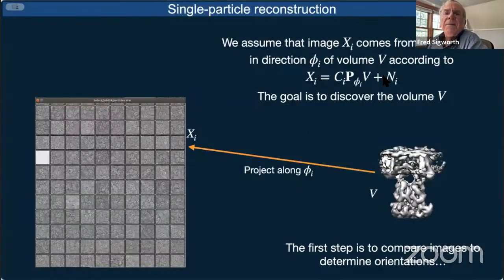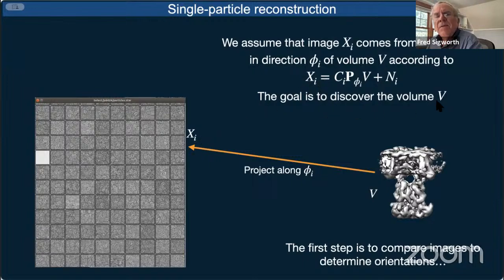So we make a model of how an experimental particle image is formed. We say that we have a volume. We take a projection along a direction phi sub i and operate on it by the CTF, and we add a whole bunch of noise to it. So this is our model of what one of these individual particle images is.